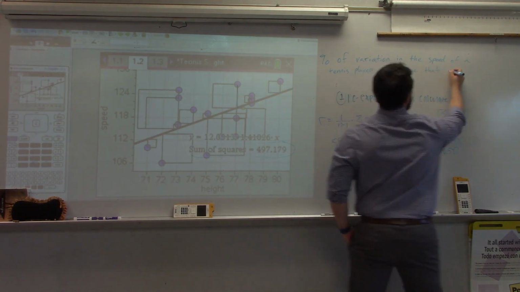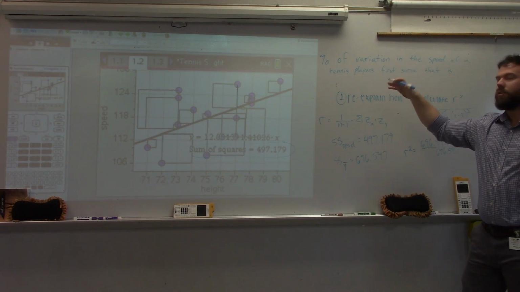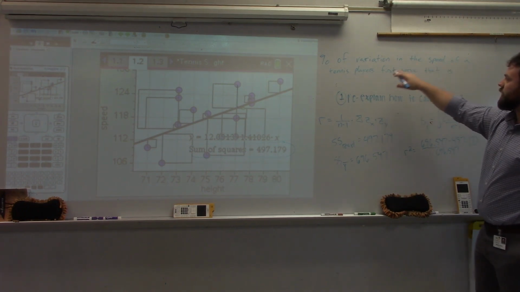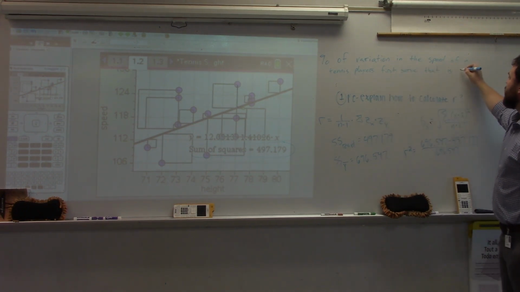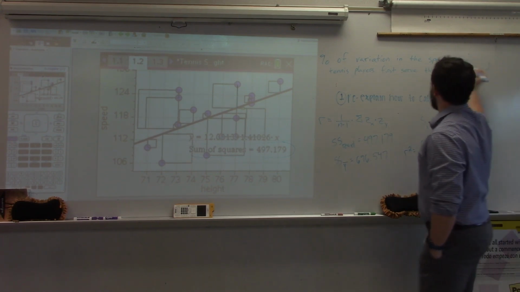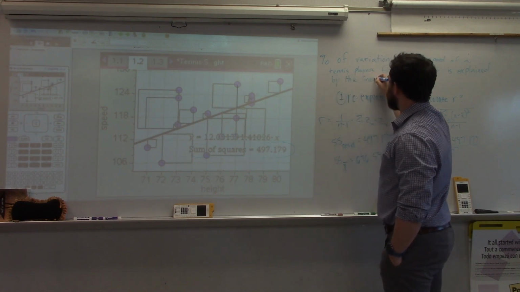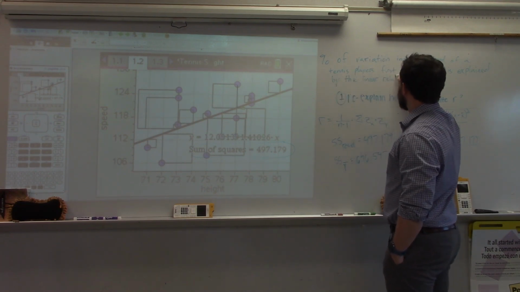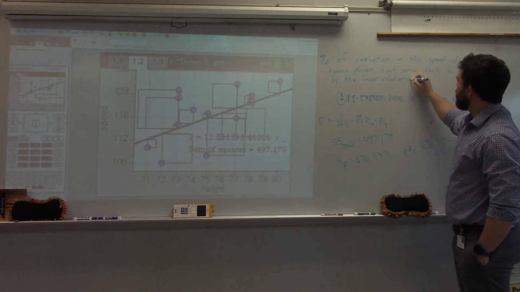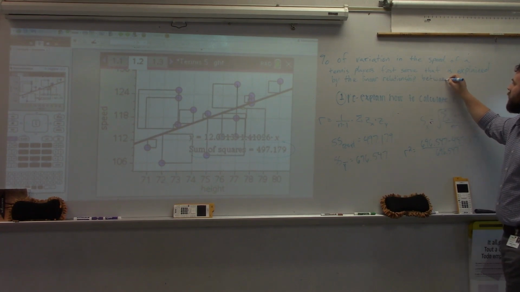And so when we say variation, that's a measure of spread, right? So it's the percent of variation in the speed of a tennis player's first serve that is explained by the linear relationship between height and speed.